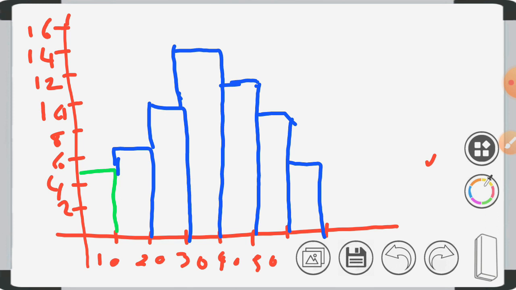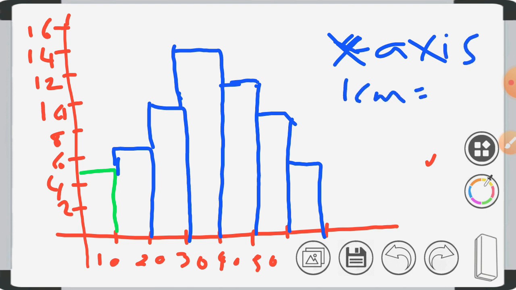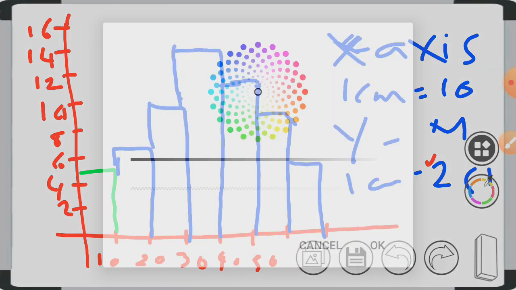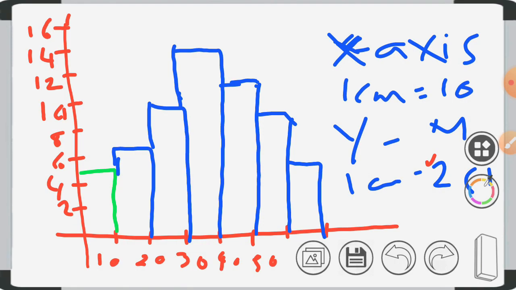Here on the x-axis, one centimeter equals 10 marks, and on the y-axis, one centimeter equals 2 students.